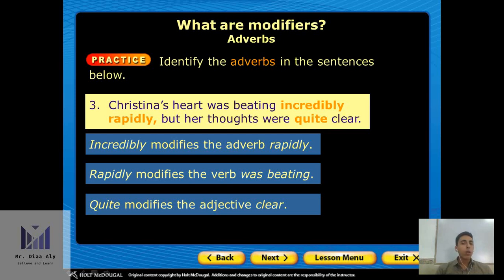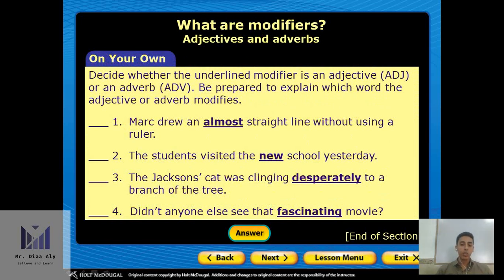Clear is modifying what, by the way? Ask yourself. It's describing thoughts. And what is clear, by the way? It's an adjective, yes, well done, because it's describing thoughts. And when we have a word describing another adjective, it's called adverb.